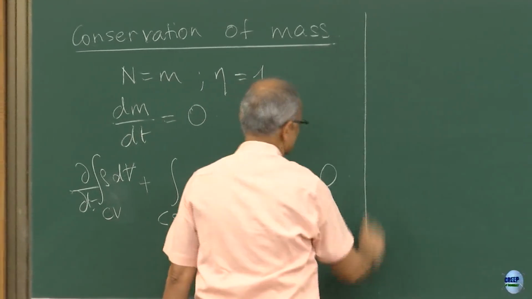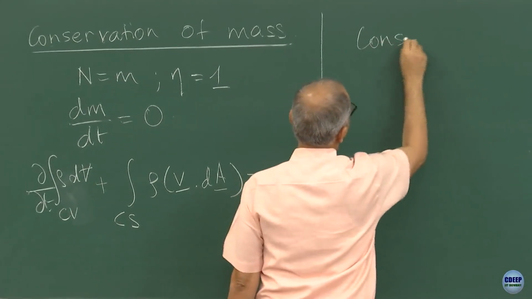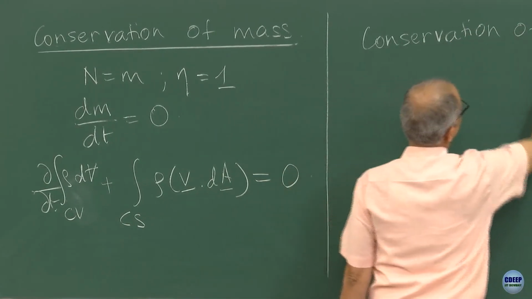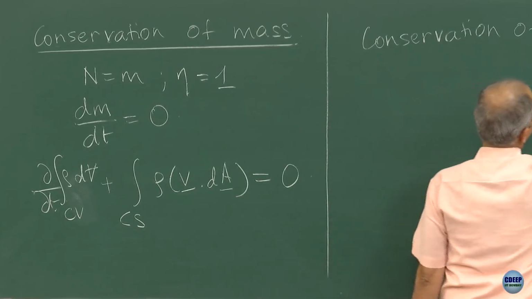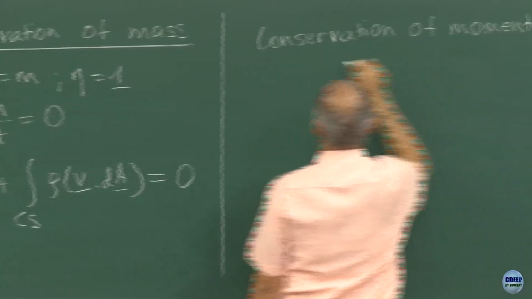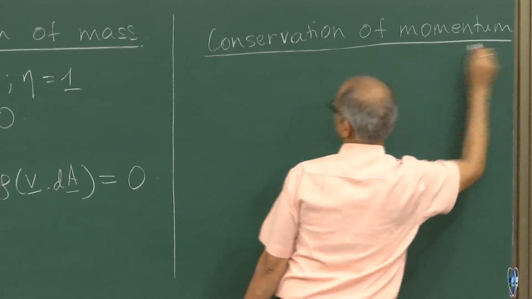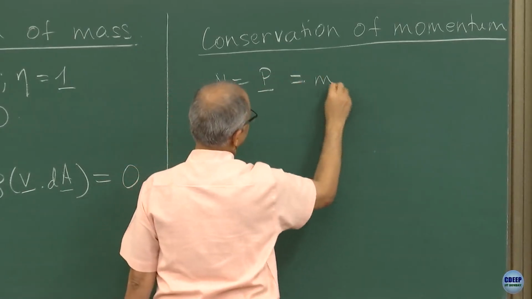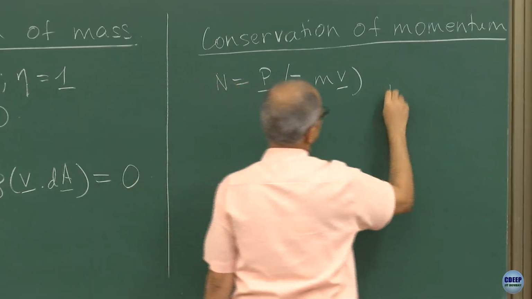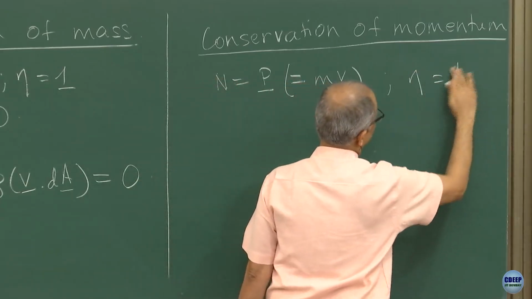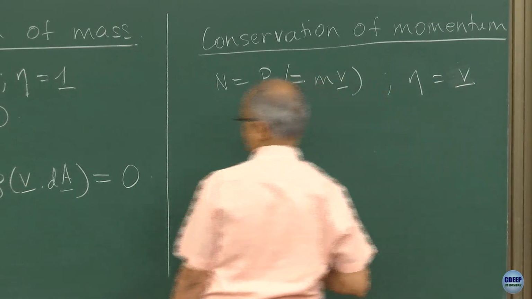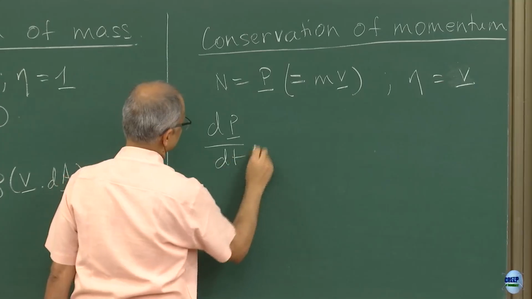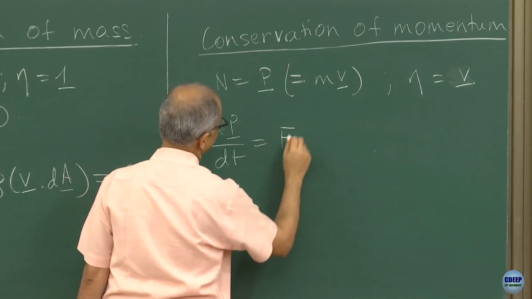Now, we also got the conservation of momentum equation, for which we said N is equal to the vector P, which is mass times velocity. So our eta is equal to velocity now, and dP/dt is the forces that are acting on it.